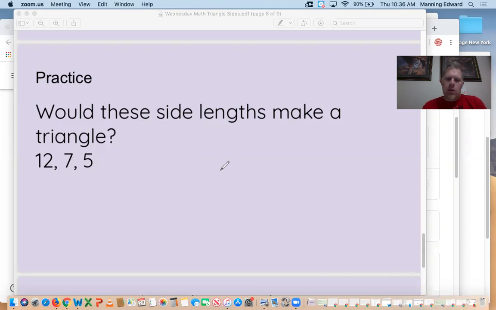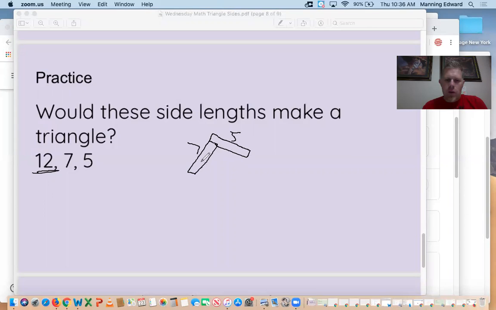You can try it out on paper. You can get a little piece of paper, make strips, and use a ruler. Say I have one piece of paper that is 7 inches, another that is 5 inches. I'm going to see if I can make a triangle where the third length would be 12. You get a little strip of paper, and another little strip of paper, and say this is 5, and this is 7, and you measure it.